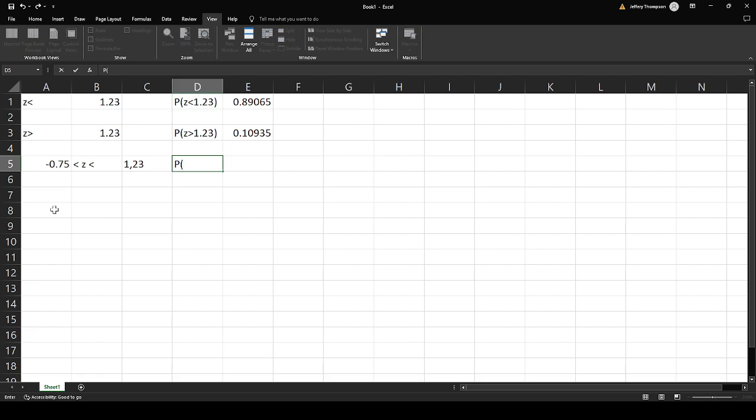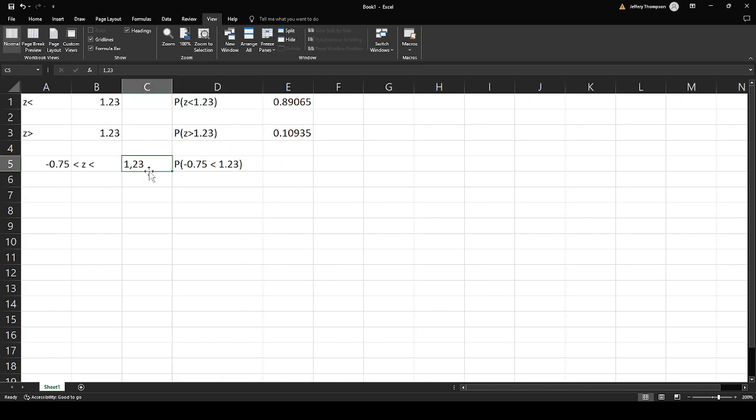So the probability that z is in between the two, let me make this a little bit wider, and let me fix this. This should be a number, 1.23. Well, we know it's equal to the difference between the higher probability and the lower probability.